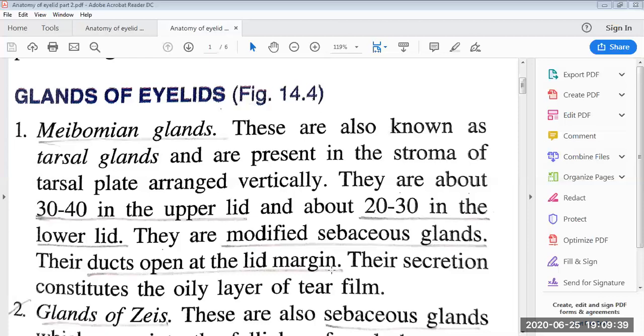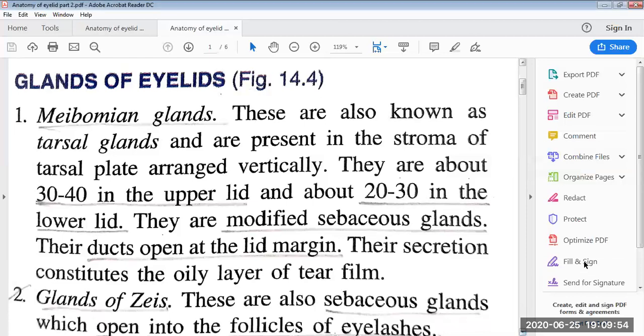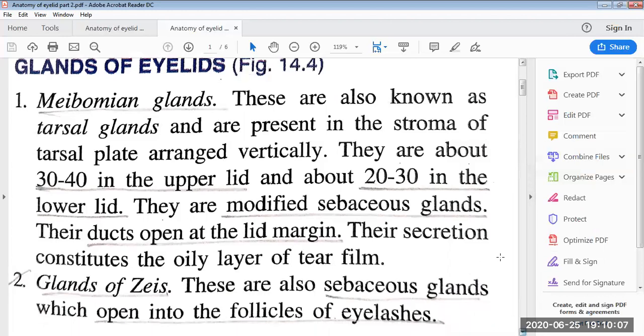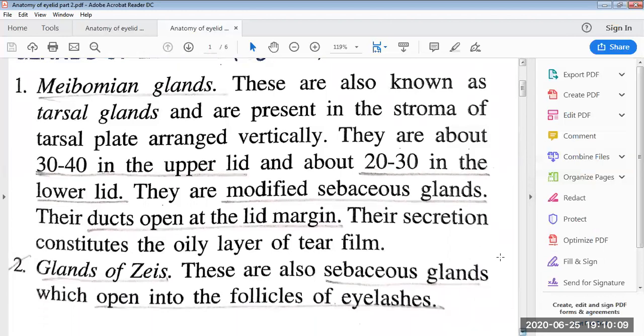They are the modified sebaceous glands, and their ducts open at the lid margin, and their secretion constitutes the oily layer of tear film. The tear film has 3 layers, and this oily layer is formed by the secretion of the meibomian gland.